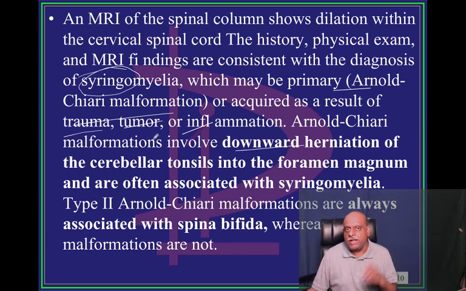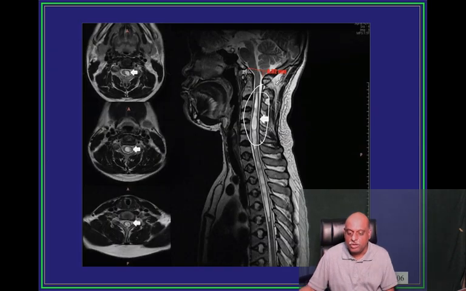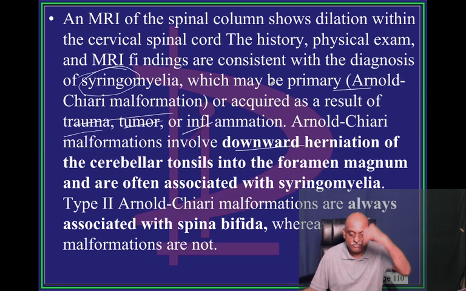There is a downward herniation of the cerebellar tonsils. The cerebellar tonsils, this is cerebellum, doctor, will have a downward herniation into the foramen magnum. There is an associated syringomyelia.